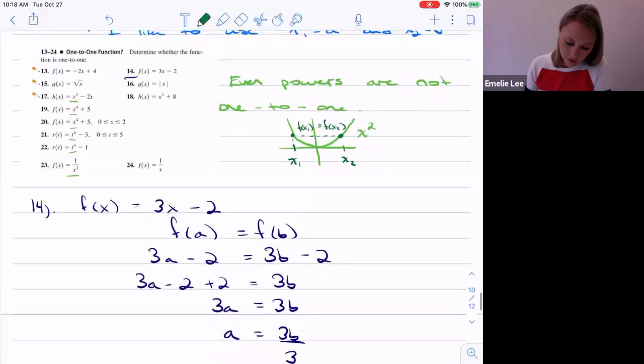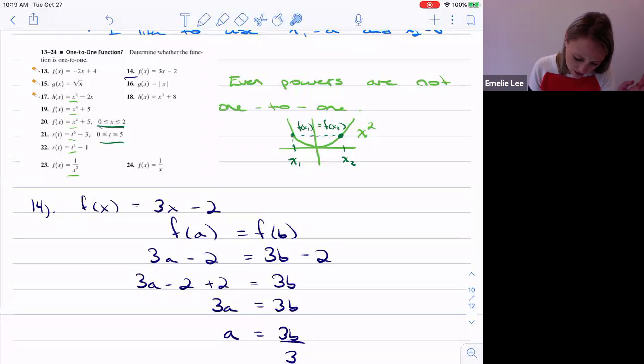So really useful. If you're able to graph all these, then you'll know by looking at them if it's one-to-one. The only one that I'm a little bit skeptical about is the 1 over x squared. So what I'm going to do is graph 1 over x squared. Notice here that there are restrictions on the domain, probably making it one-to-one. And so you'll want to make sure that you look at just those domains.